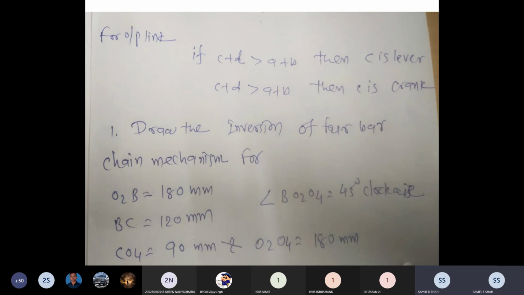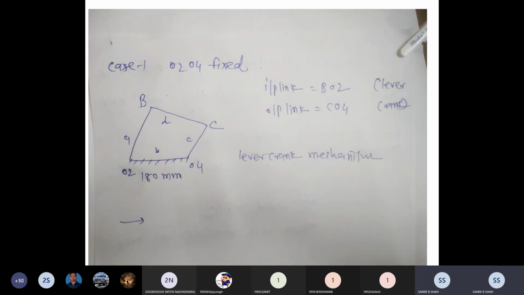So we are fixing all the links one by one, and we get the output calculated as per the given data. First of all, we will proceed with case 1. Here we calculate a total of 4 cases because the four-bar chain mechanism has 4 links.